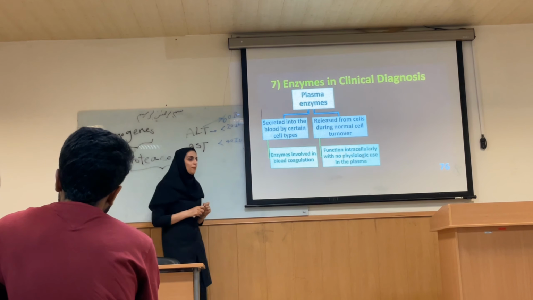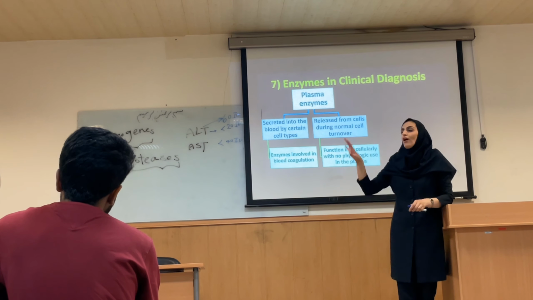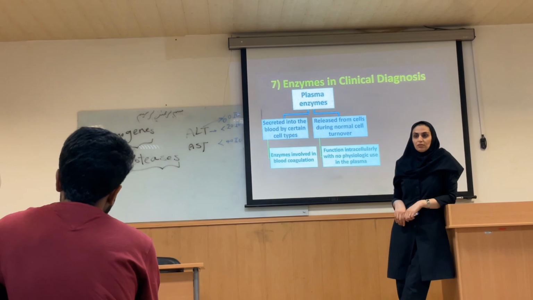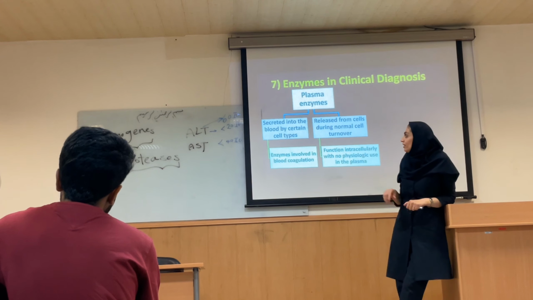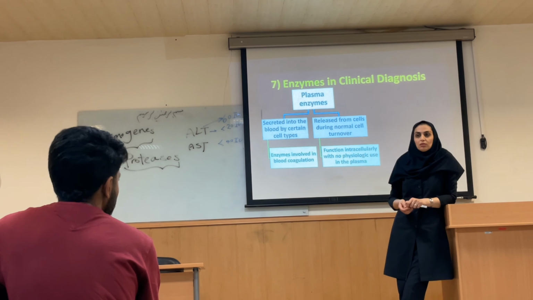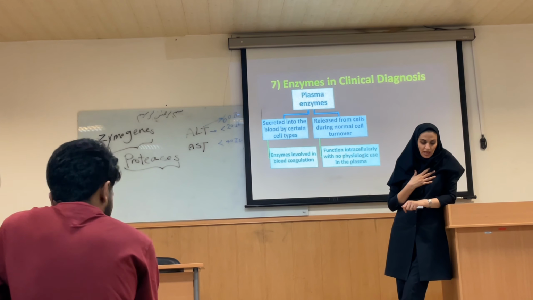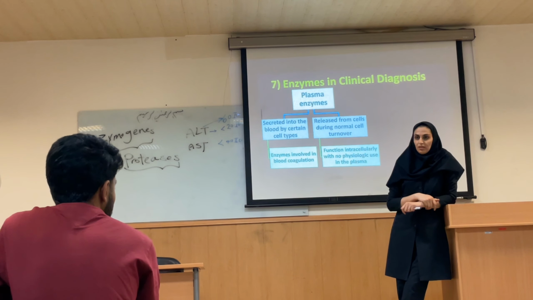Another thing, guys, imagine we have an enzyme that works in all of our tissues and cells. Can we use that enzyme for diagnosis? Imagine, for example, I have an enzyme under the name cytochrome C oxidase.